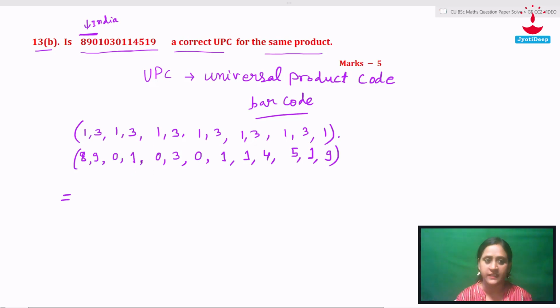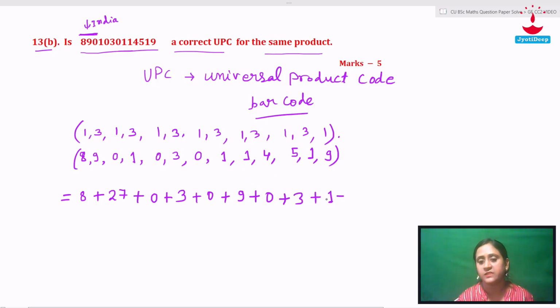So we have to just multiply each digit: 1 into 8 is 8, plus 3 into 9 is 27, plus 1 into 0 is 0, plus 3 into 1 is 3, plus 1 into 0 is 0, plus 3 threes are 9, plus 1 into 0 is 0, plus 3 ones are 3, plus 1 one is 1, plus 3 fours are 12, plus 5 ones are 5, plus 3 ones are 3, plus 9 ones are 9.